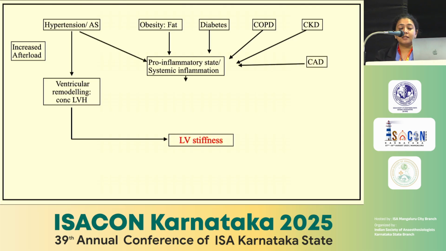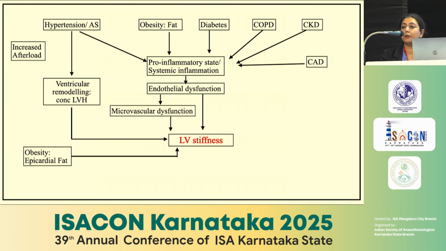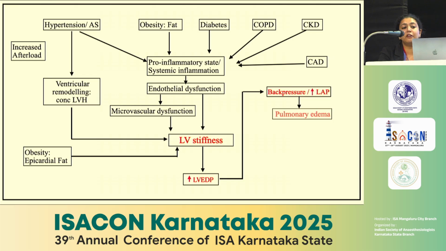The recent data suggests a pro-inflammatory state induced by non-cardiovascular comorbids like obesity, diabetes, COPD, CKD, all resulting in a systemic microvascular endothelial dysfunction, resulting in left ventricular stiffness. And hence, this non-compliant left ventricle fills at a higher left ventricular end diastolic pressure, leading to elevated left atrial pressures and eventually leading to right heart dysfunction and systemic congestion.